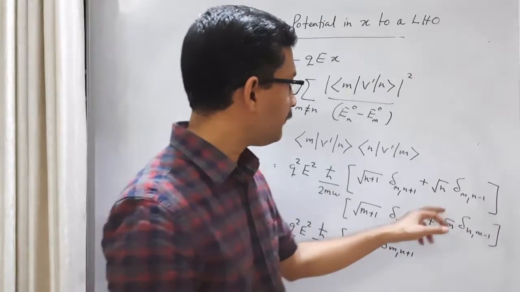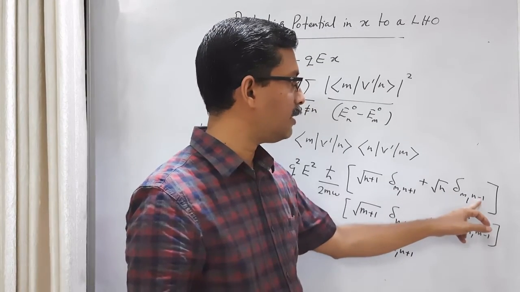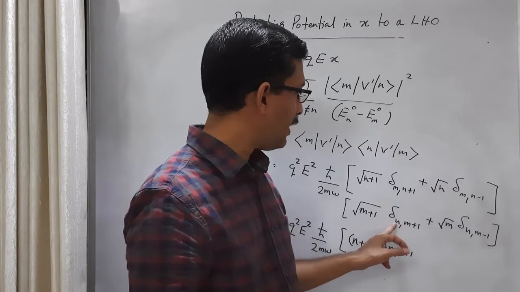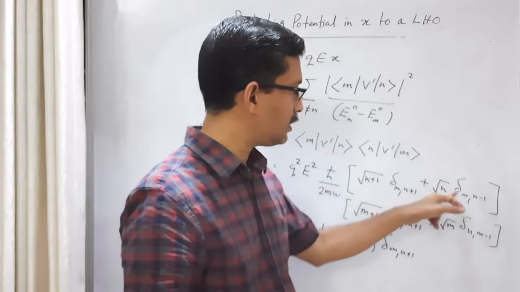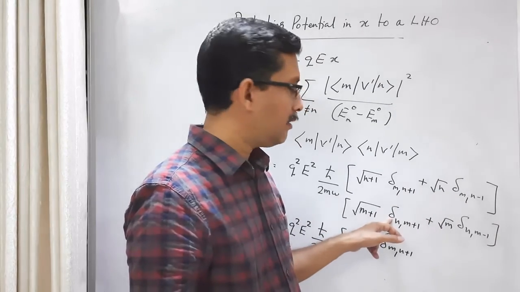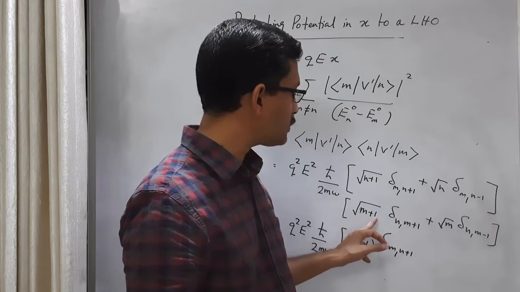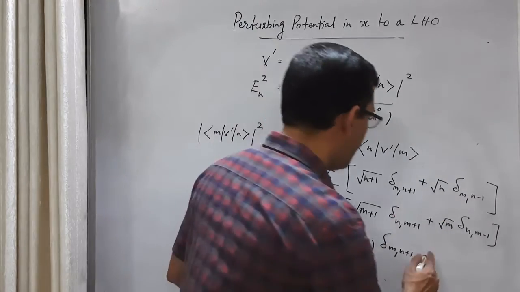Similarly, if you take this into this, you have m equal to n minus 1 condition here. Here also, n is equal to m plus 1 means m is equal to n minus 1. So these two conditions are identical. When you put m is equal to n minus 1, again you have n minus 1 plus 1, so root n will be here. This root n into root n will be n.